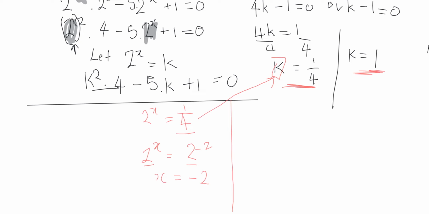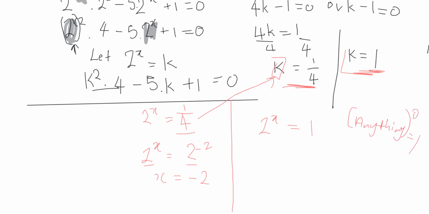The other one, you got that your value of k is 1. So since k is 1, you're going to say 2 to the power of x is equal to 1. Now how can you write this 1? Remember we said anything to the power of 0 gives you 1, right?